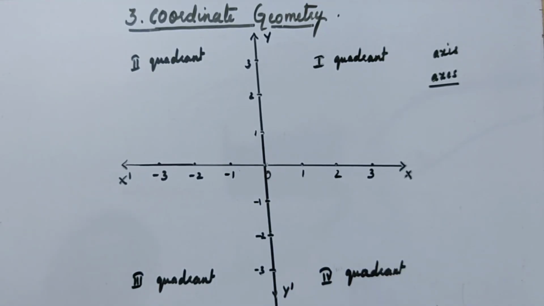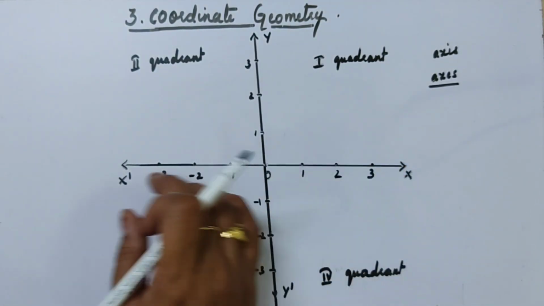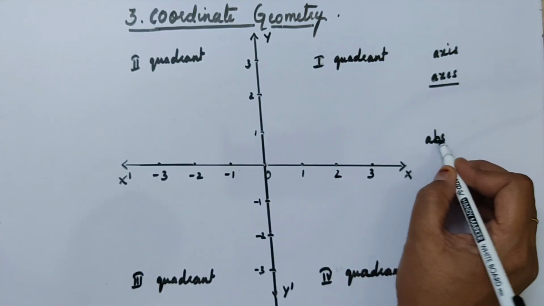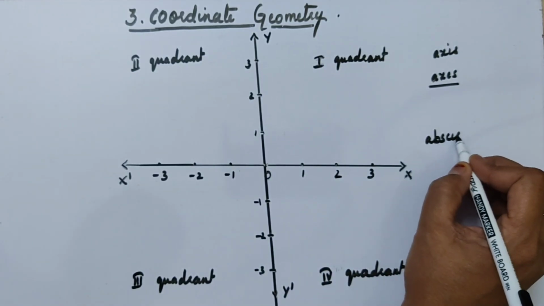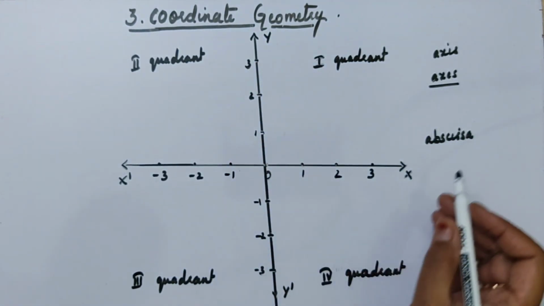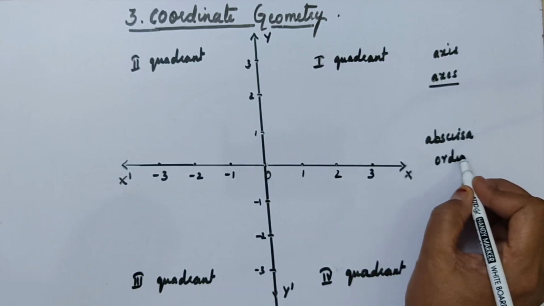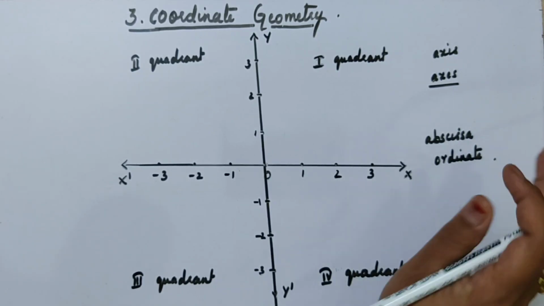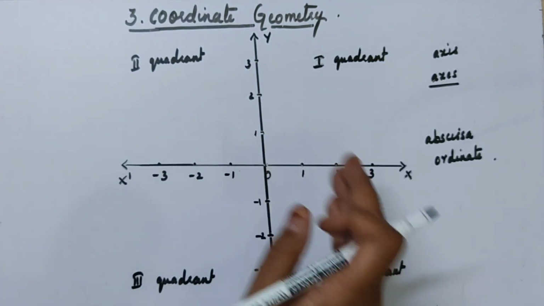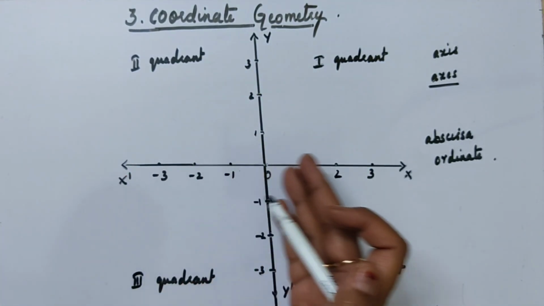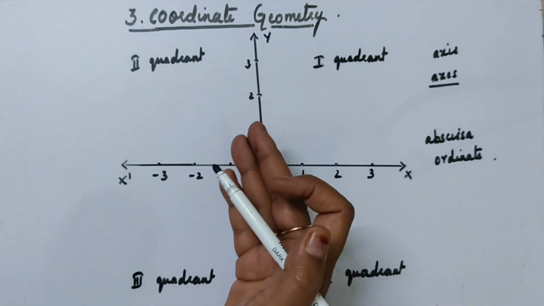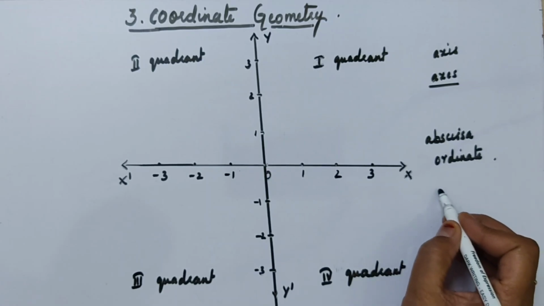Now, the x coordinate is called the abscissa, and the y coordinate is called the ordinate. In stating the coordinates of a point in the coordinate plane, the x coordinate comes first and then the y coordinate. We place the coordinates in brackets in this form.